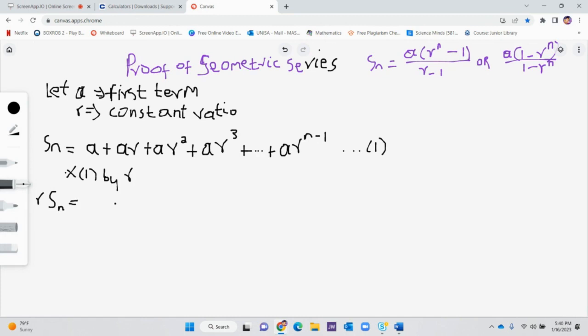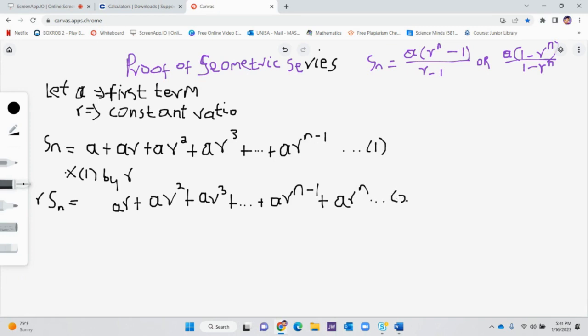A times r will be ar, plus ar times r will be ar squared, plus ar squared times r is going to be ar cubed, plus dot dot dot, plus ar to the power of n minus 1, plus ar to the power of n. And now we have our equation 2.